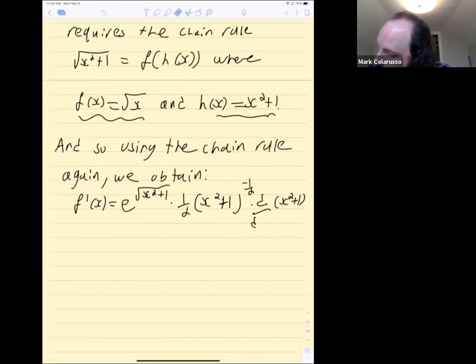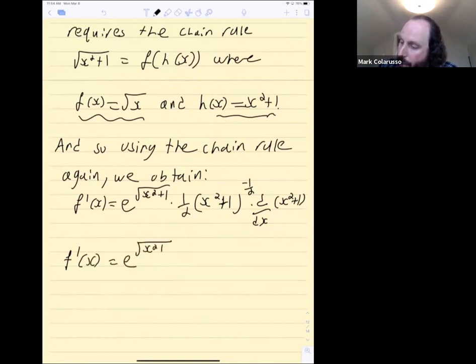Let me clean this up a bit so you can see it better. That's the derivative of the inner, and the derivative of x squared plus 1 is just 2x. So f prime at x is e to the square root of x squared plus 1 times 1/2 times x squared plus 1 to the minus 1/2 times 2x.